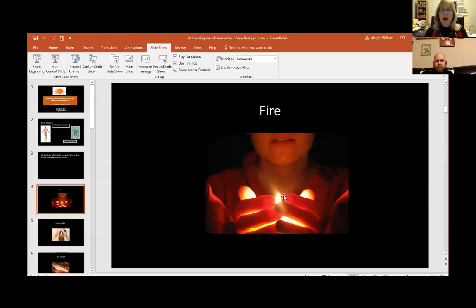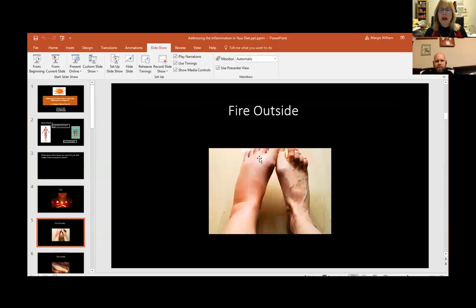It's a fire that might hurt and that might be sore. So as we start looking at the fire within, it's where we circled our bodies, but we can look at the fire outside. And this is a good example from my everyday nursing practice, where we would look at people's feet and we definitely would say, this gentleman right here, his leg is inflamed.